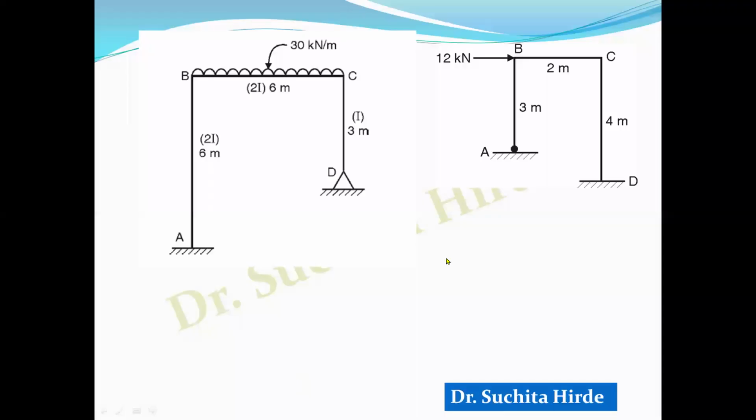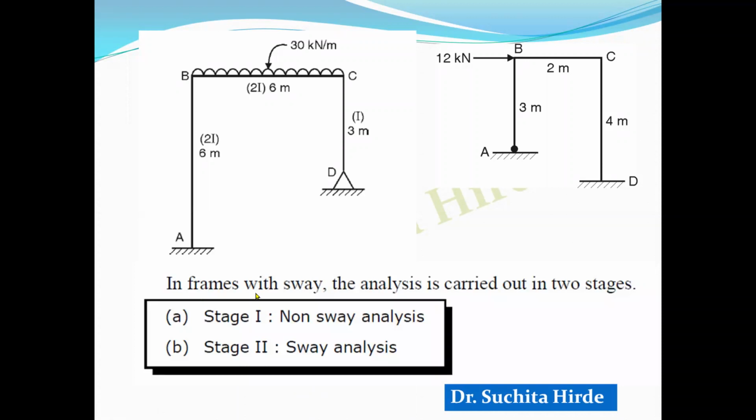Now let us discuss these two types of problems. In the first case, the load is applied on beam BC throughout its length. In the second case, the load is applied at nodal point. As I told you, if the frame is subjected to sway, we have to carry out the analysis in two stages.